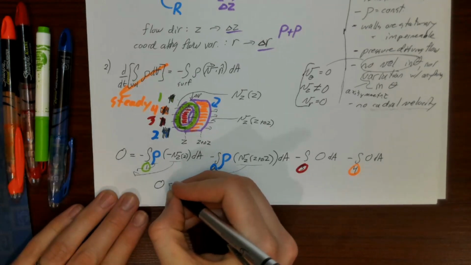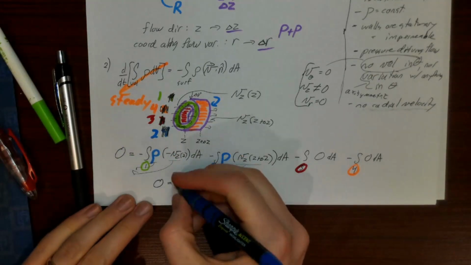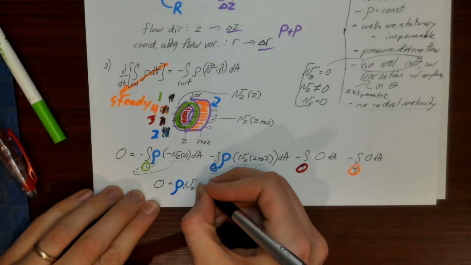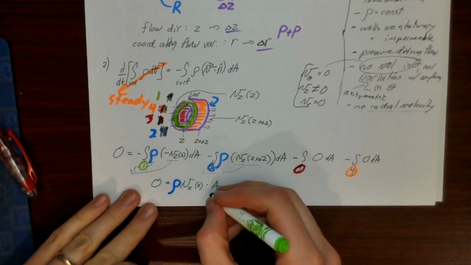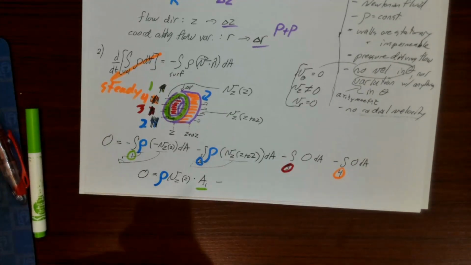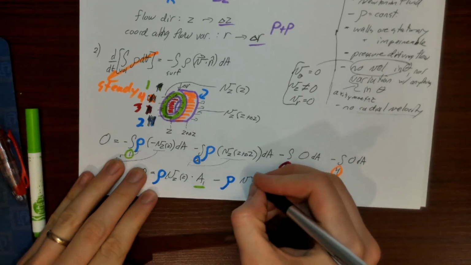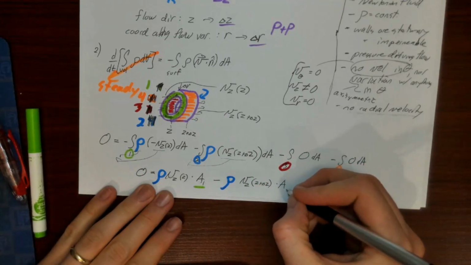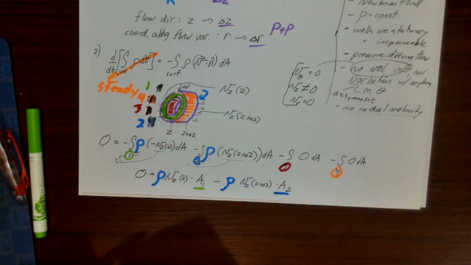So we basically have 0 is equal to rho times Vz at z times the area of 1, and then minus rho Vz at z plus delta z times the area of face 2, this downstream face.